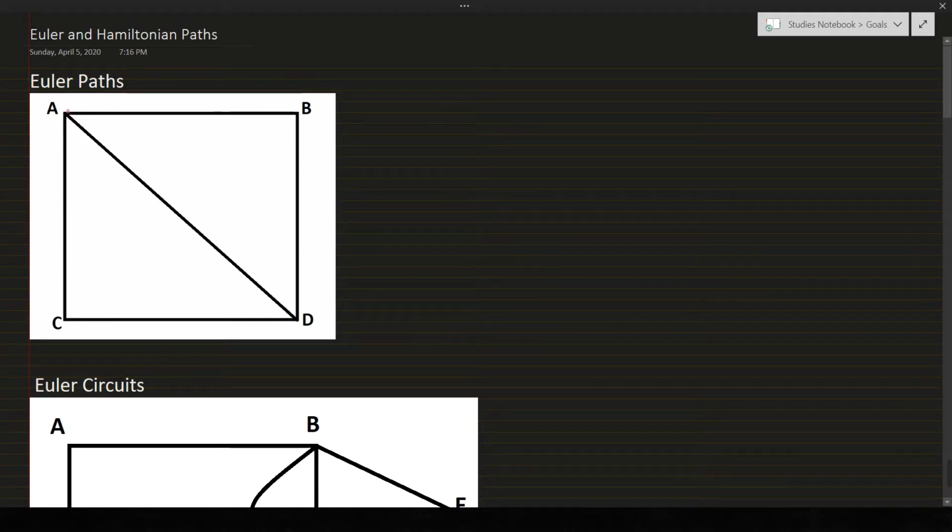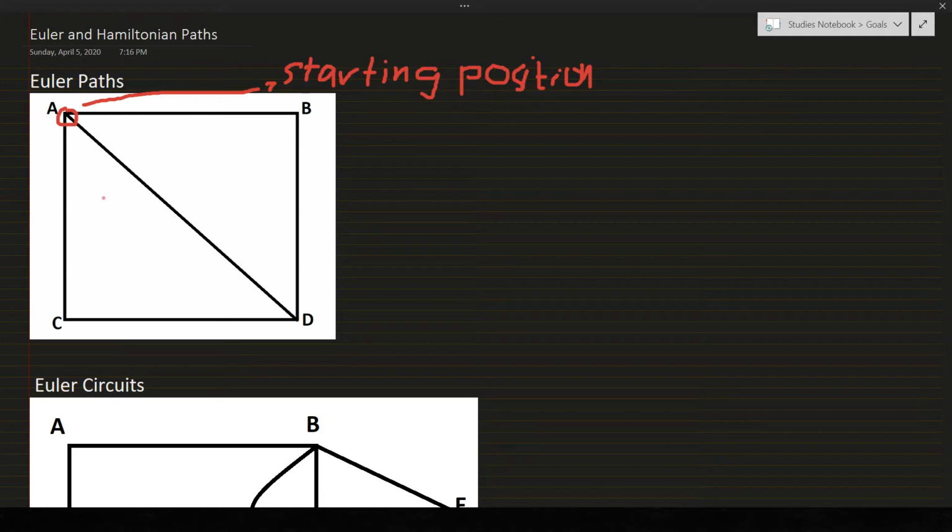For example, this is our starting position, and we will move until there is no edge available.